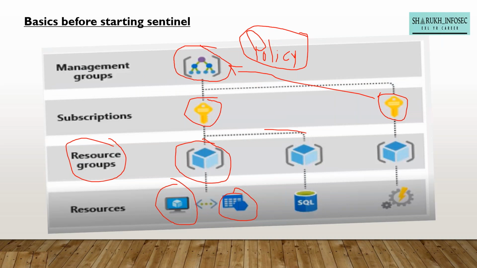I'm explaining this in easy terms. The management group is where you can apply the policies so that everything is smooth and your organization works according to your requirements. Not only allow and deny policies, you can also apply HIPAA compliance and multiple other compliance regulations. Everything you can do with the help of the management group.